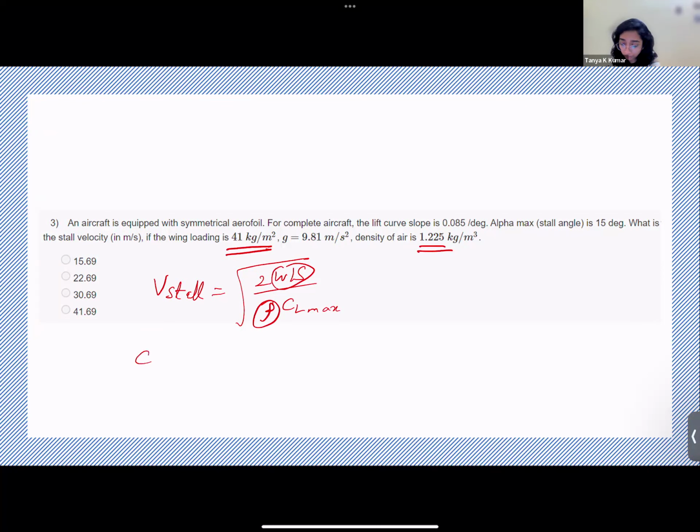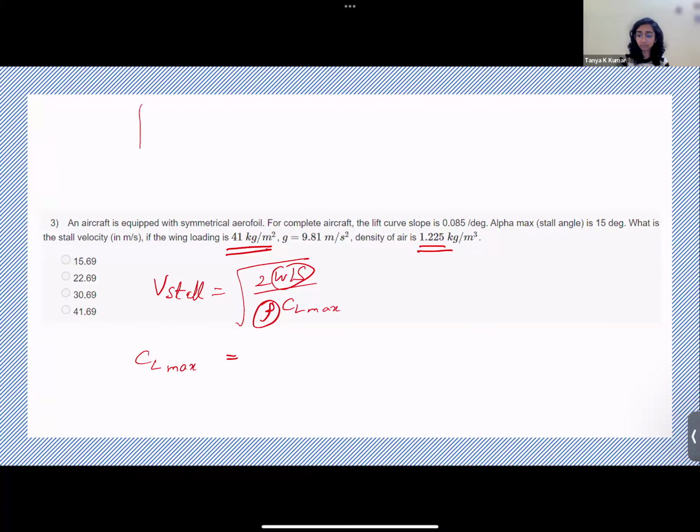How do we find out CL max? They've given you the stall angle of attack. What can you get from that? At the stall, you have CL max, right?